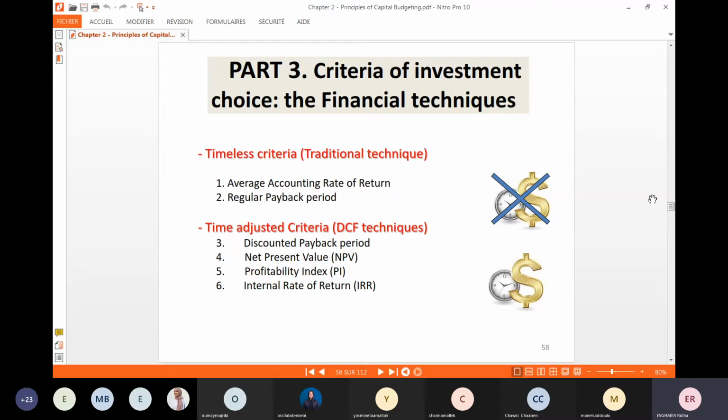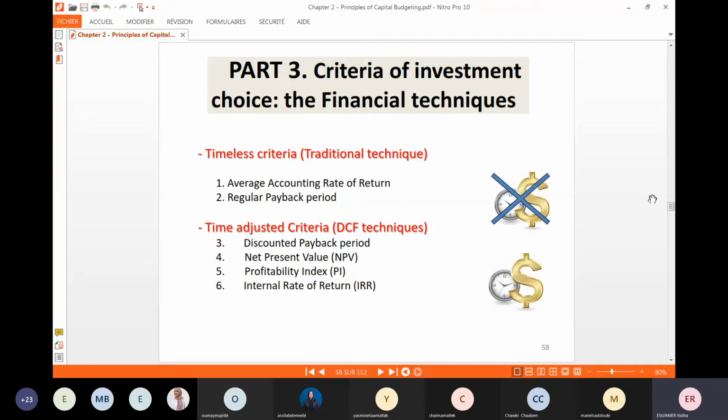For example, the average accounting return of the project, the payback of the project, how many years we require to recover the initial investment, what is the net present value of the project. We will see the meaning of net present value, what is the annual rate of return of the project. And these criteria will allow us to decide whether the project is acceptable or not.